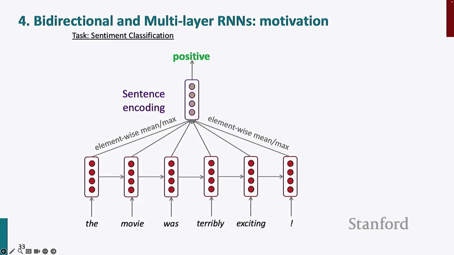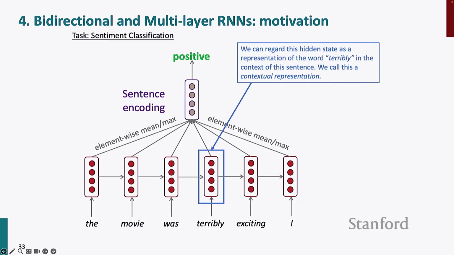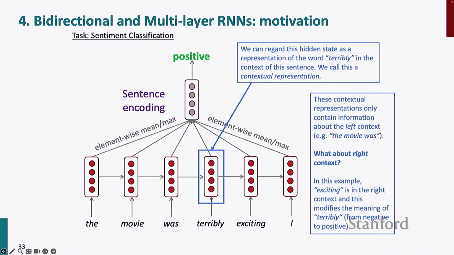If you think about these hidden state representations, that representation of "terribly" isn't only about the word; it has some information about what came before it, "the movie was terribly", but it has no information about what comes after it. You might think you'd like to have a representation of "terribly" that knows what came before it, but also what came after it.